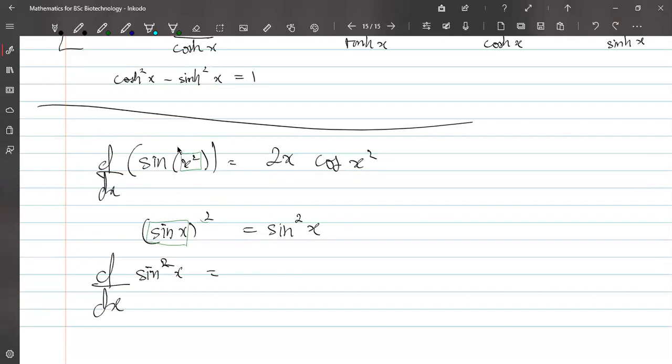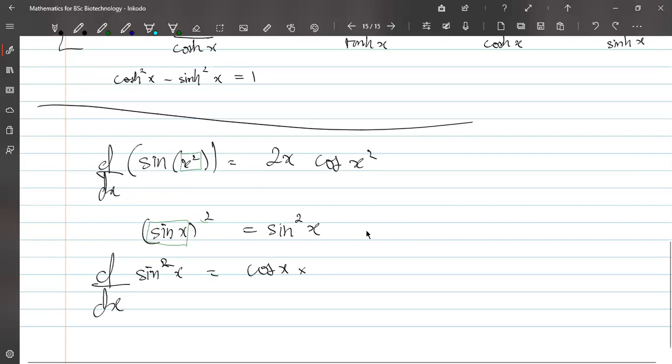So if you start by differentiating the innermost function, what does that give you? Sine x derivative is cos x, multiplied by the derivative of the outer function, considering this box as one variable. So this is just y square.